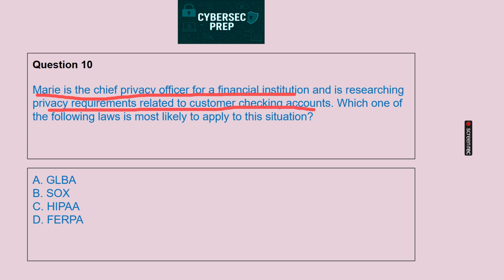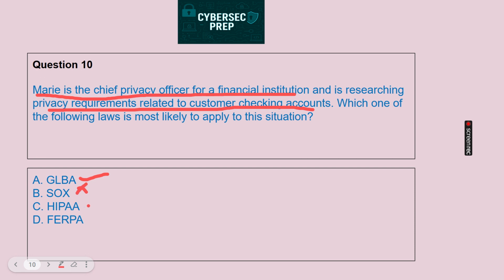So now GLBA is looking like a perfect answer, but we'll also review the other ones. Also, GLBA applies specifically to the financial institutions, whereas the next option, the SOX Act, regulates the financial reporting activities of publicly traded companies. So this option is not relevant for this question.